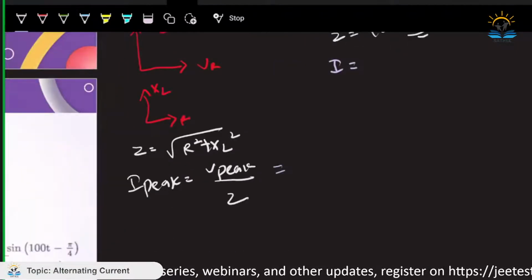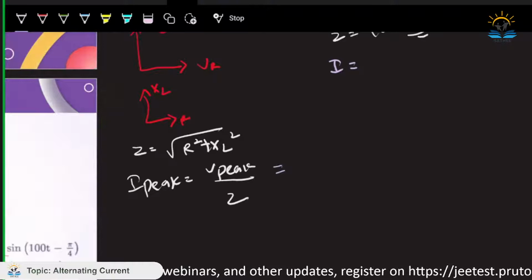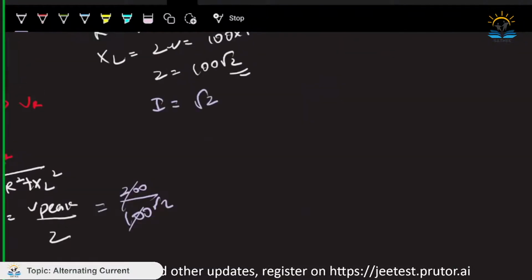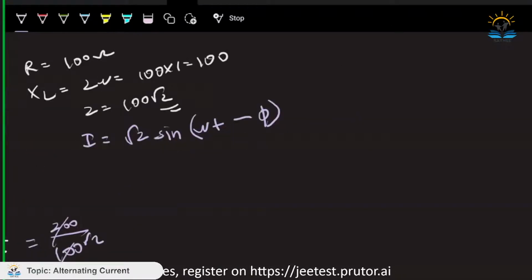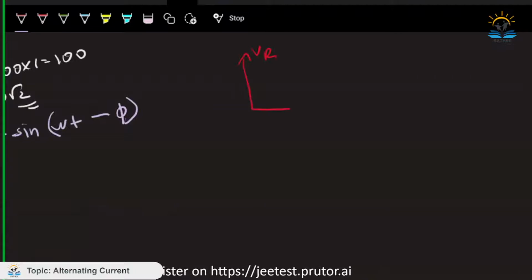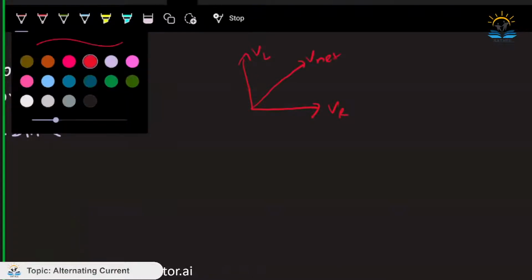Current is lagging. How do we get this angle phi? Simple, right? This is VR, this is VL, and this is V net. So this angle is phi.